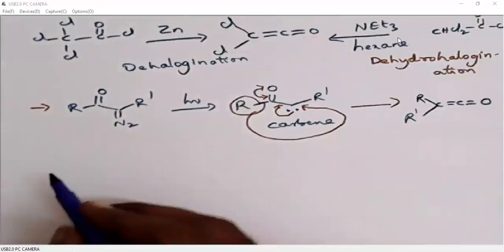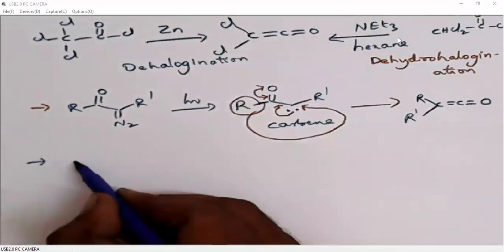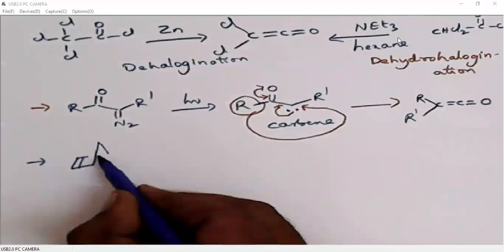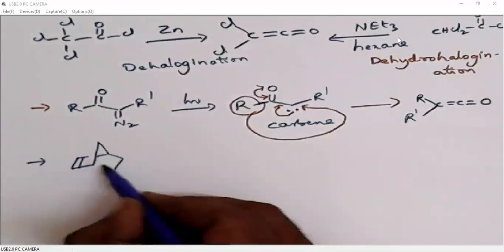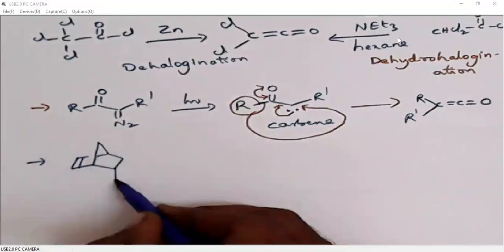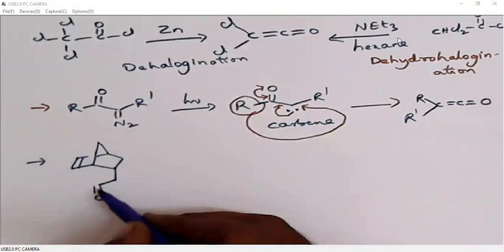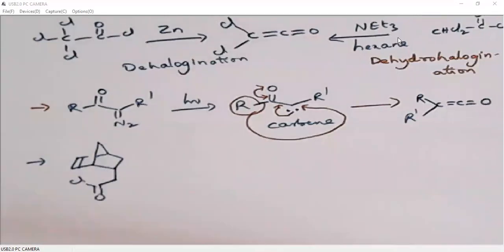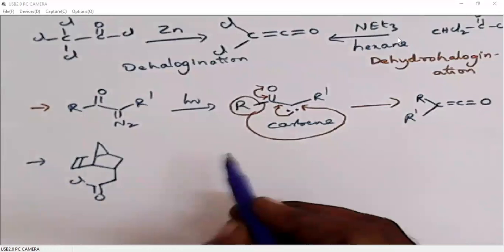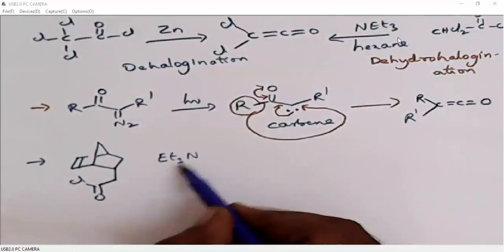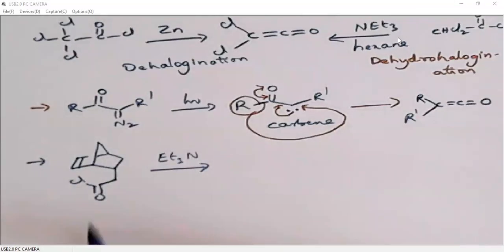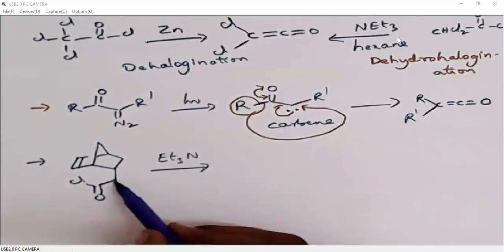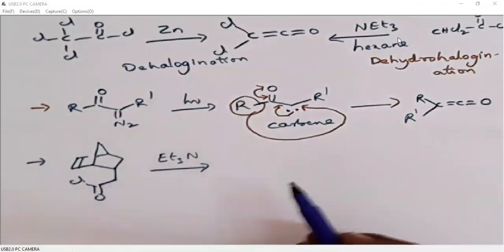Now we will see some examples of in situ generation of ketene followed by 2+2 cycloaddition. When this moiety is treated with triethylamine, this acid chloride generates a ketene here.